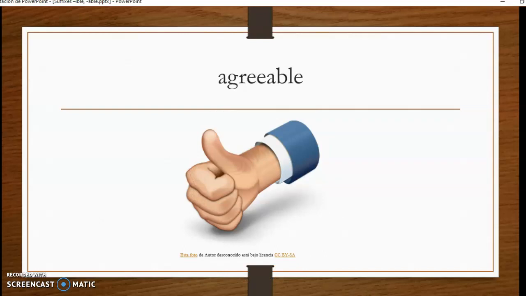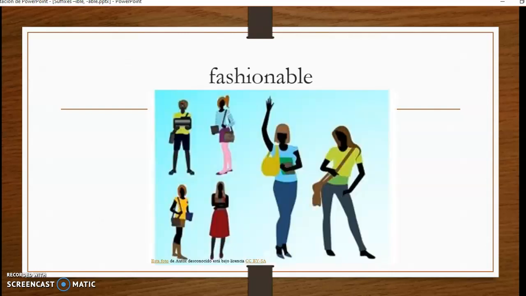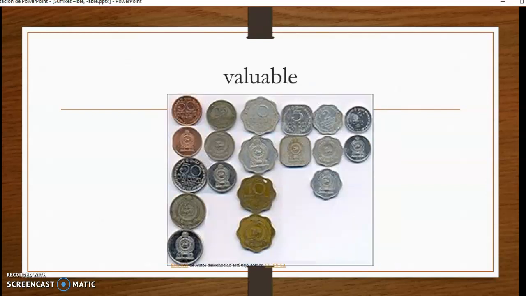A topic or a point of discussion can be agreeable, which means we can search for solutions and agree on them. Fashionable. Clothing can be fashionable, which means it's still in style, it's still used. Valuable. I brought some coins that have a value, that are expensive, and you can sell them for a specific price.